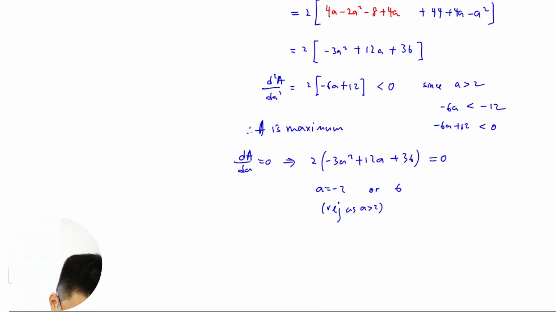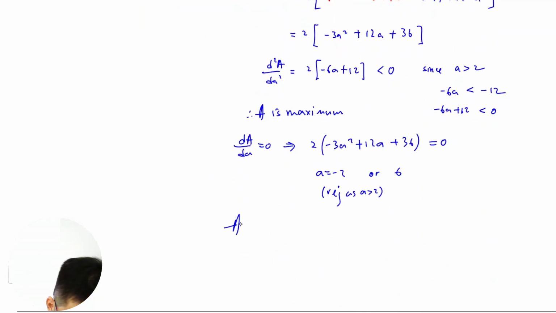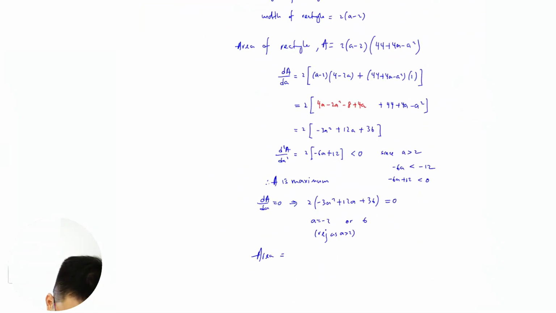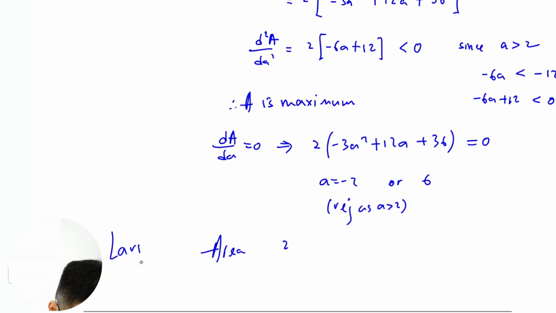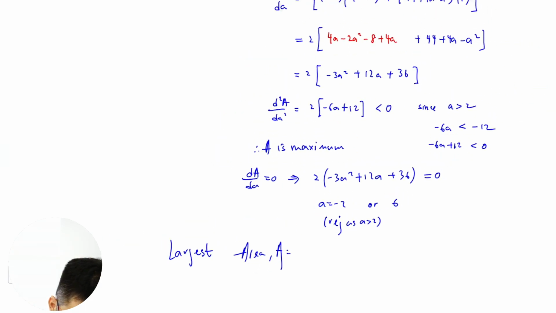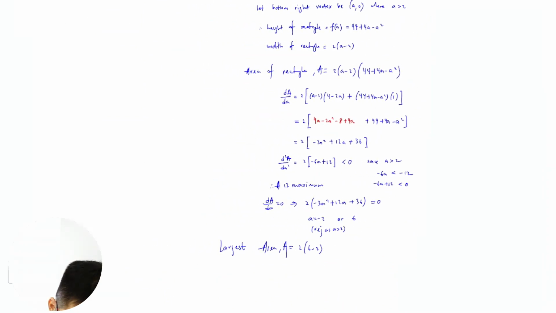So a is 6, what do we want? Area. So area would be, substitute 6 in. Maximum area. Just area. Substitute 6 inside. 4, then 44.